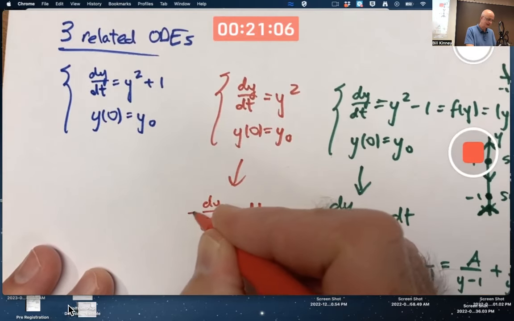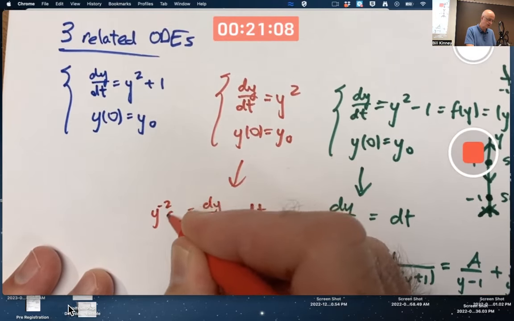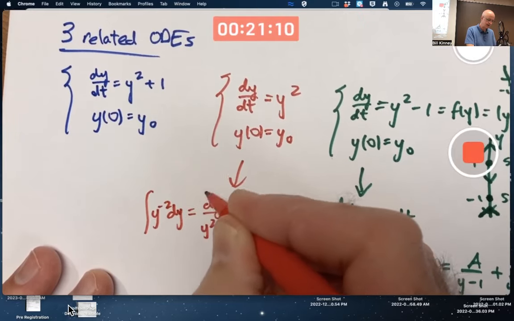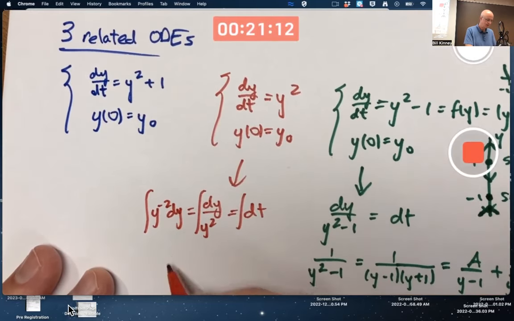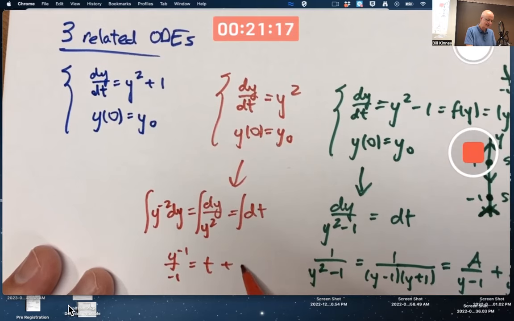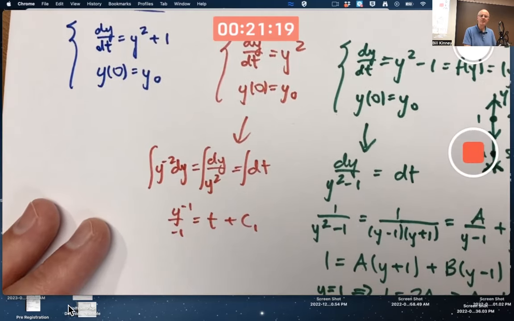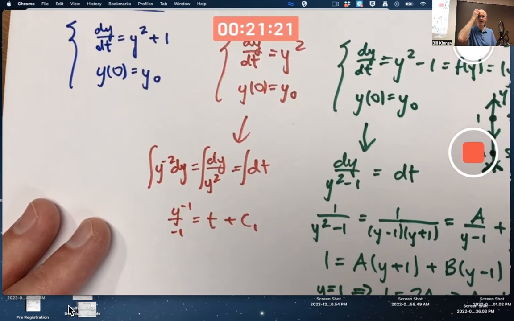We get this. This is the same as y to the -2 dy. Integrate both sides. Get y to the -1 over -1 equals t plus c1, say. No logarithms here. Multiply both sides by -1 and take the reciprocal.